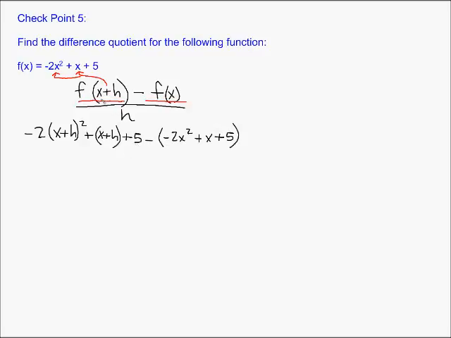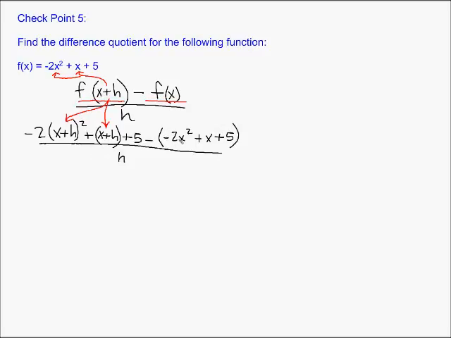So again, see that I took my x + h and I just substituted in for wherever x occurred in that function. And this is all over the denominator h.